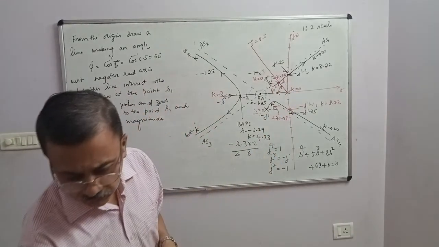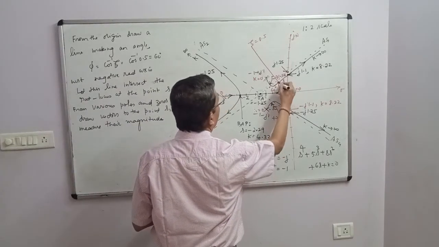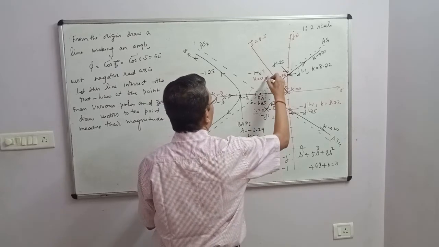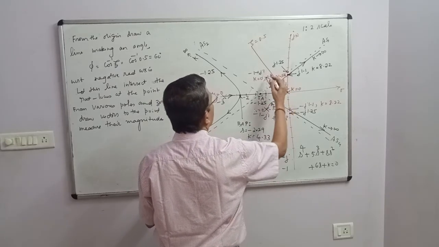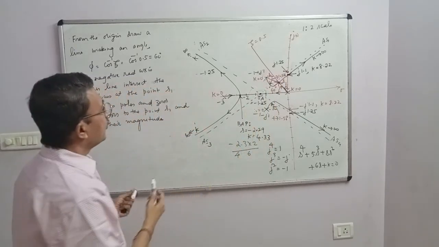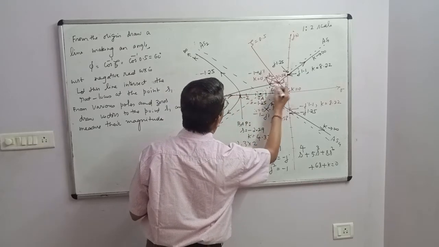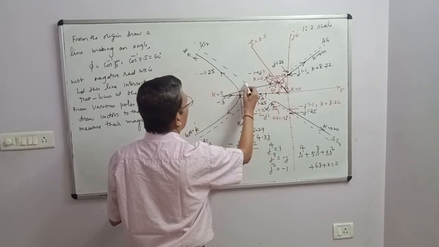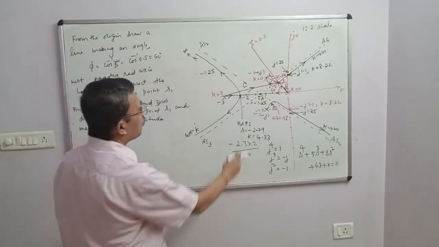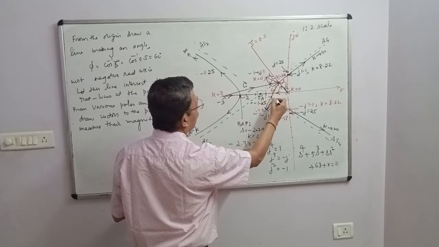The magnitude of that vector is A. From this pole draw a vector to point S1. Magnitude of this vector is B. From this pole draw a vector to point S1. Magnitude of this vector is C. From this pole draw a vector to point S1. Magnitude of this vector is D.